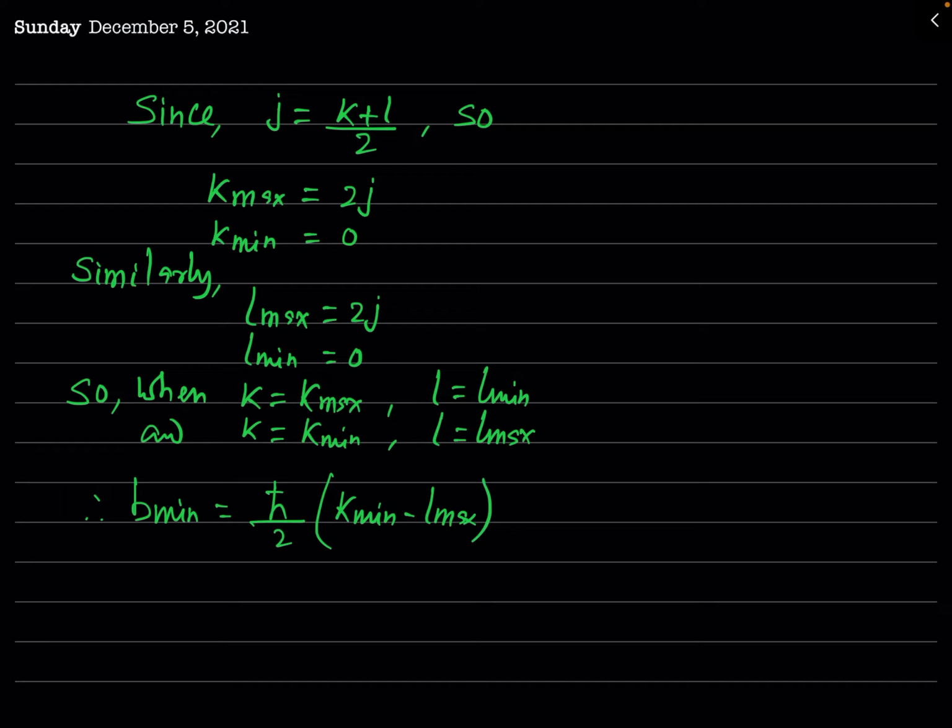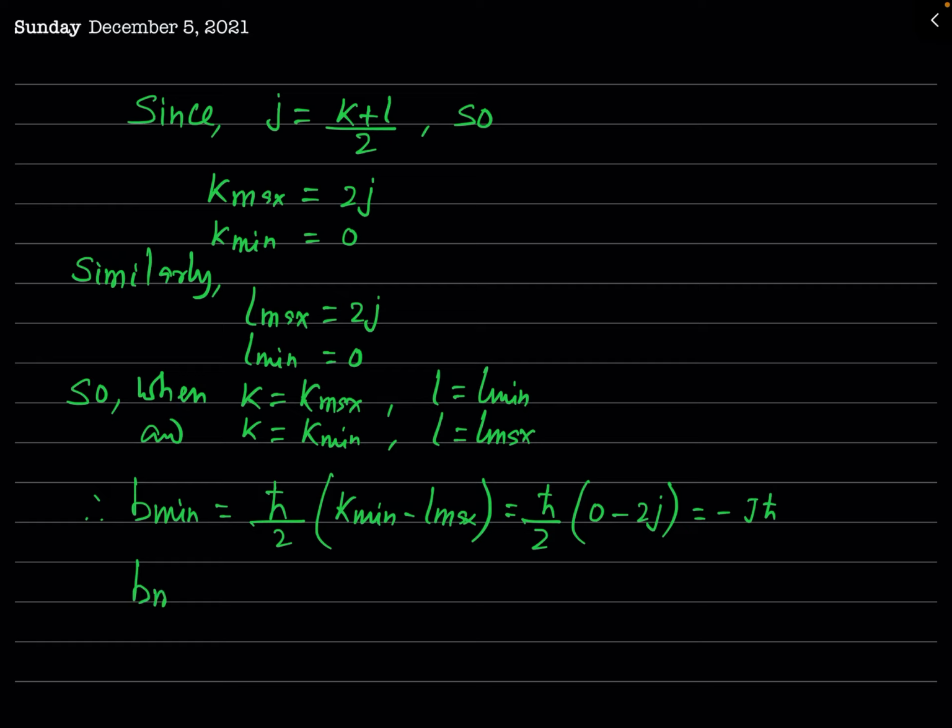This will be h bar by 2 times k minimum, which is 0, and L maximum is 2j. So this will be equal to minus jh bar. This is the minimum value of B.